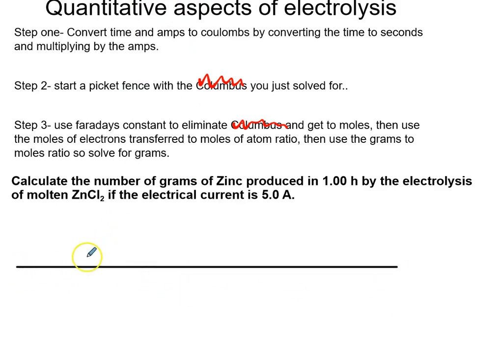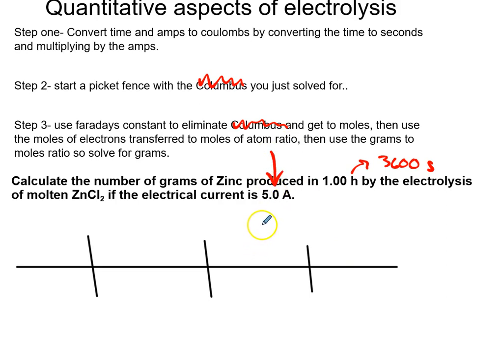So the first step is to take, well, there might be more than those, I don't know, but we'll just go. I'm used to regular chem. Calculate the number of grams, so we come up here, convert time into amps by multiplying amps times seconds, essentially. So 1 hour is 3,600 seconds. Is everyone okay with that? Okay, my amps is 5.